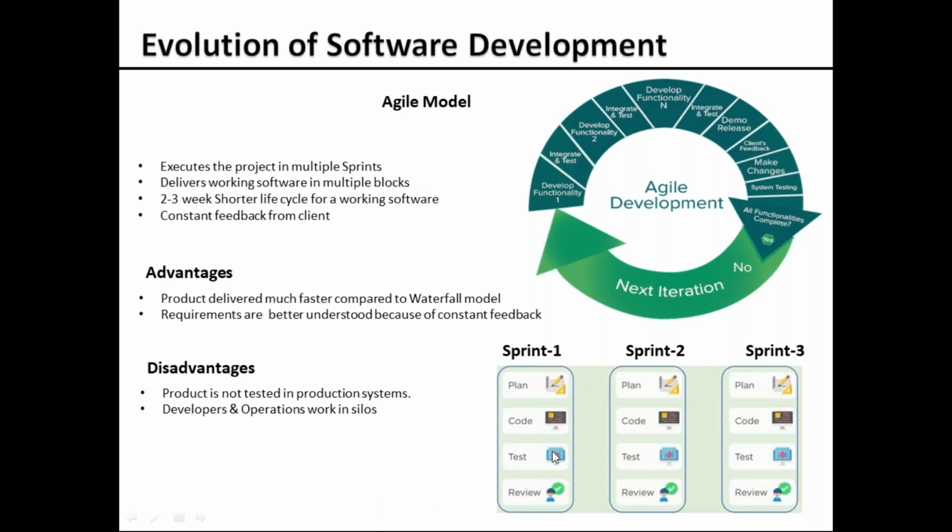If any changes are needed, you immediately apply them in your next sprint cycle. This way you have constant communication with the client, so that the client is very satisfied and trusts that his software is being developed as per his requirements. This is something which is not there in the waterfall model, and this is achieved in the agile model.